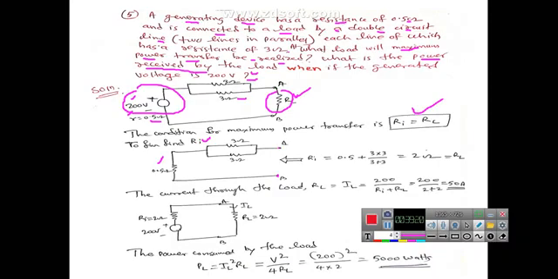Then you find the equivalent resistance between terminals C and B. These two are in parallel, in series with this 0.5. So 3 into 3 divided by 3 plus 3, that is 1.5, plus 0.5, so that is 2 ohm. Therefore Ri is equal to 2 ohm, and therefore that is equal to RL.